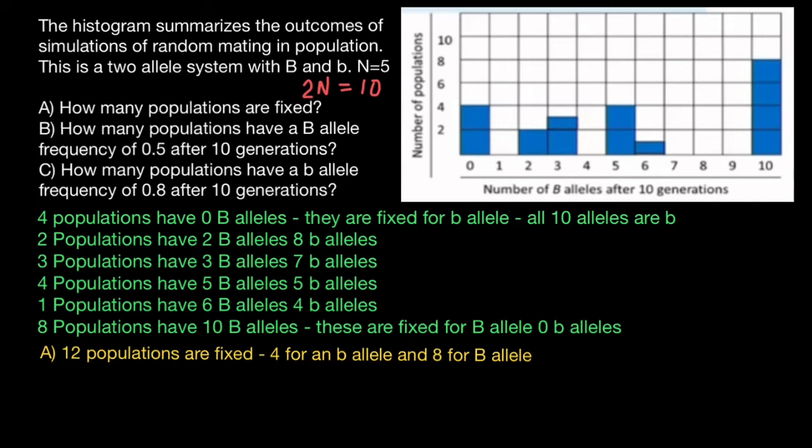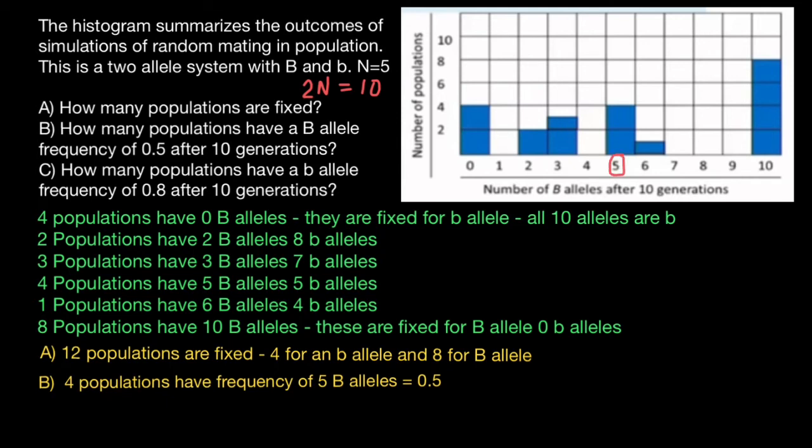And the second question, how many populations have dominant B allele frequency of 0.5 after 10 generations? And here's the answer. Frequency of the dominant allele 0.5 means 5 alleles, because we have a total number of alleles 10. So which bar represents 5 alleles? This bar represents 5 alleles.